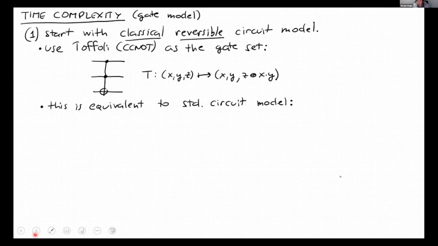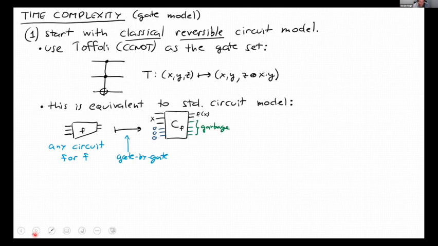So I claim this model of reversible classical circuits is equivalent to the standard circuit model that you're used to working with. Let me tell you in pictures how that looks. Suppose you start with some arbitrary circuit for some function, let's say from 3 bits to 2 bits. Whatever gate set this circuit is specified in, each of these gates is a constant size object, which means I can write down a constant size reversible circuit using Toffoli gates for that particular gate.